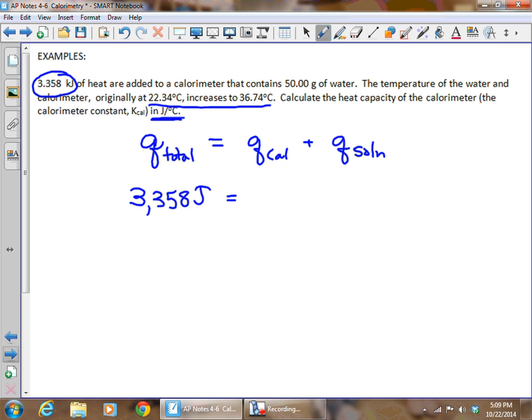Q of the calorimeter, remember, is going to be the calorimeter constant times delta T, so K sub cal, and that's what we're looking for, the calorimeter constant, times delta T. Now if we look up there, delta T is going to be 36.74 minus 22.34.